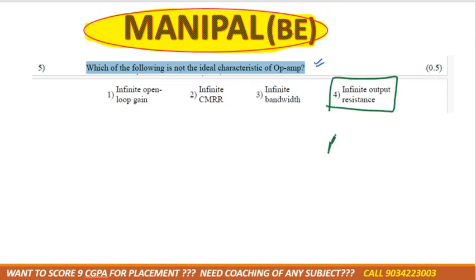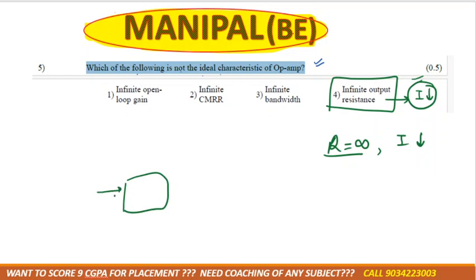If we'll have R equal to infinity, means current would be very less at the output side. If current is very less, then there is no use of op-amp, right? What we want, basically, if it's an op-amp, we want that we should give less amount of current, but in the output we should get more amount of current. But they have said it opposite, so this is not the characteristic. All other are the characteristics of the op-amp.